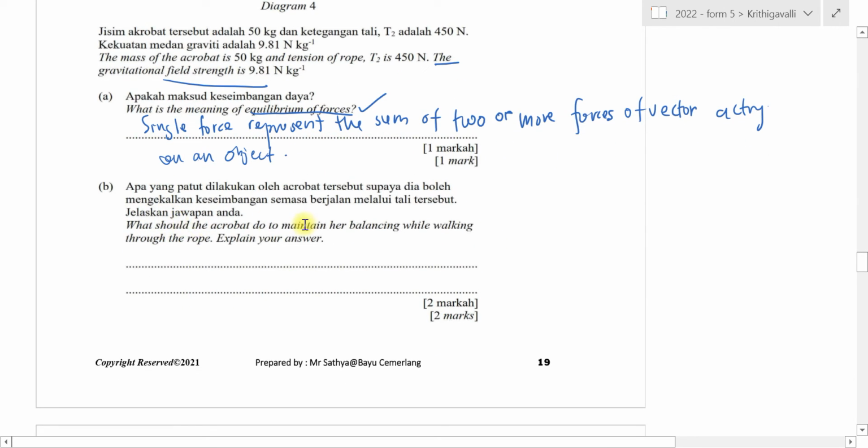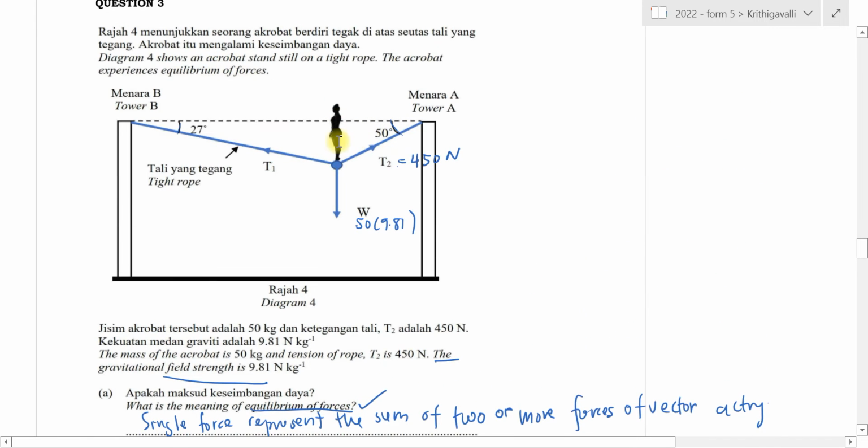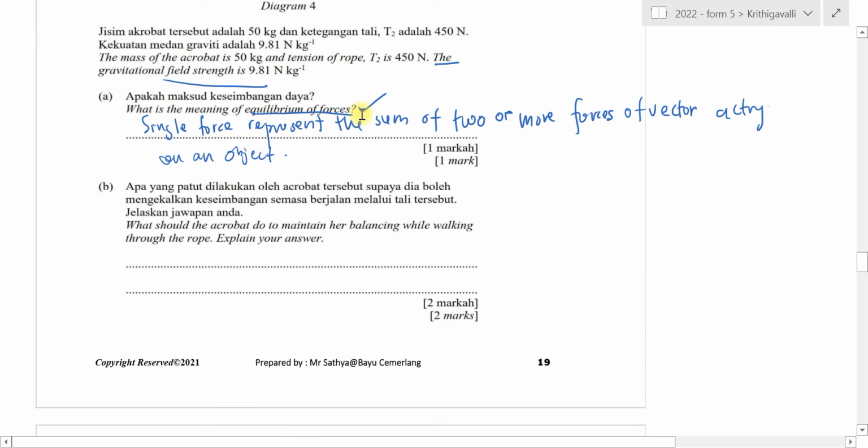What should the acrobat do to maintain her balance while walking through the rope? She's an acrobat. Acrobats normally stretch out their hands in both ways. Explain your answer. Why do they have to stretch out?